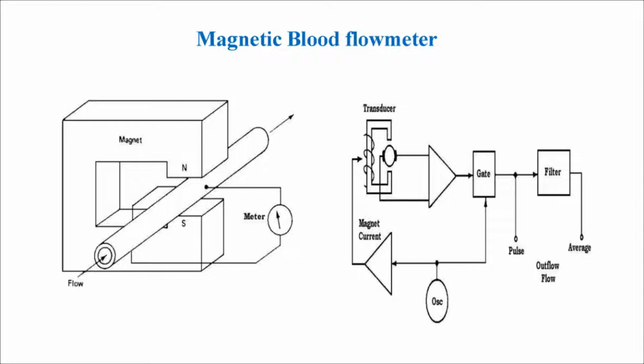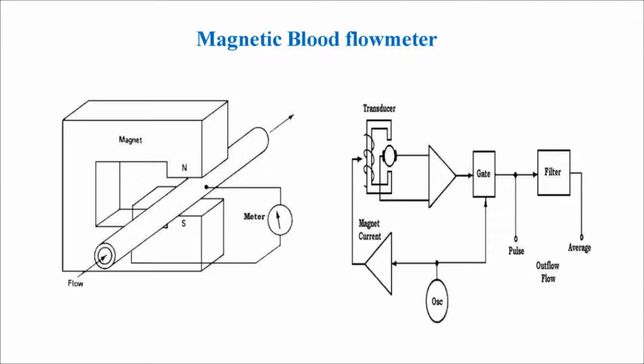If the pulses are in the positive direction, it means the blood flows in the normal direction. And if any discrepancies or noise have been added in the pulses, they get filtered out by the low pass filter, and finally the average pulse is obtained at the output. So this is how the magnetic blood flow meter is used, and this is also one of the older methods of blood flow measurement.